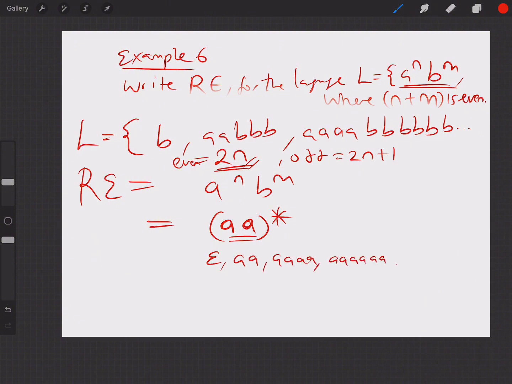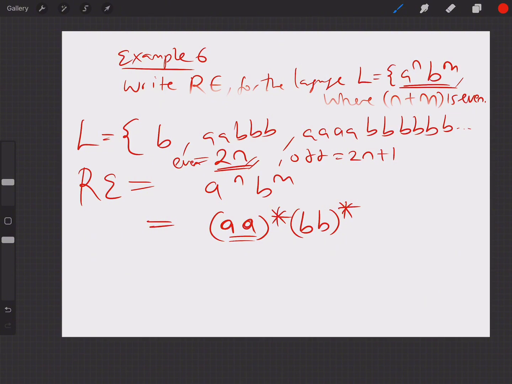That's what we're going to have. Now, remember, even plus even. Now for b will also be b star. So now 2 plus 2, 4, 2 plus 4, 6, 2 plus 6, 8, 4 plus 6, 10, and so on.